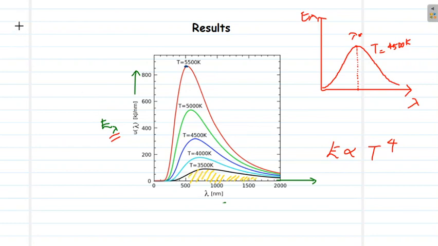To calculate the total energy, you need to integrate the energies of each wavelength with the corresponding wavelengths. So integral 0 to infinity E lambda d lambda will be your total energy, and this total energy is proportional to T raised to 4. This is a law which is called Stefan's law. So that is the fourth result that we get by analyzing blackbody radiation.